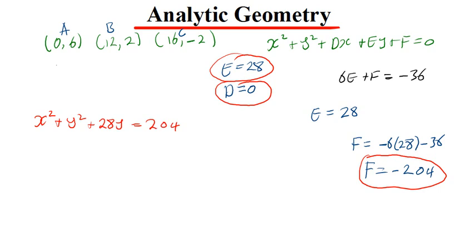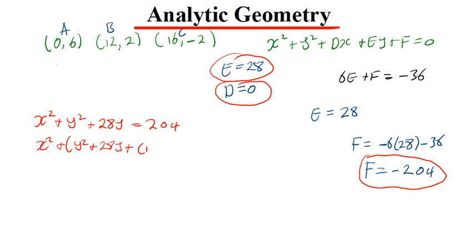Now the x is on its own, we can leave it. So we can pair this up. So this would be plus, open bracket, y squared plus 28y plus, how do we complete the square? 28 divided by 2 is 14.